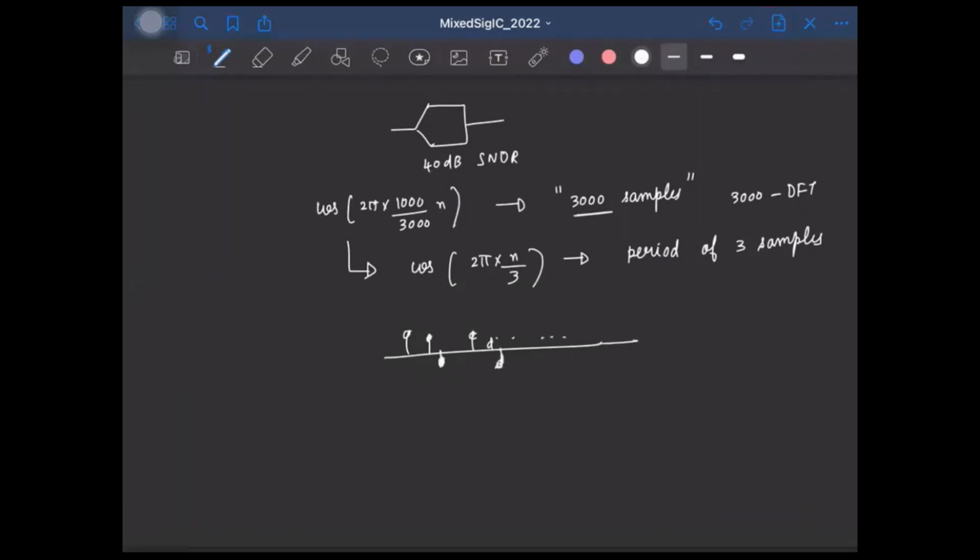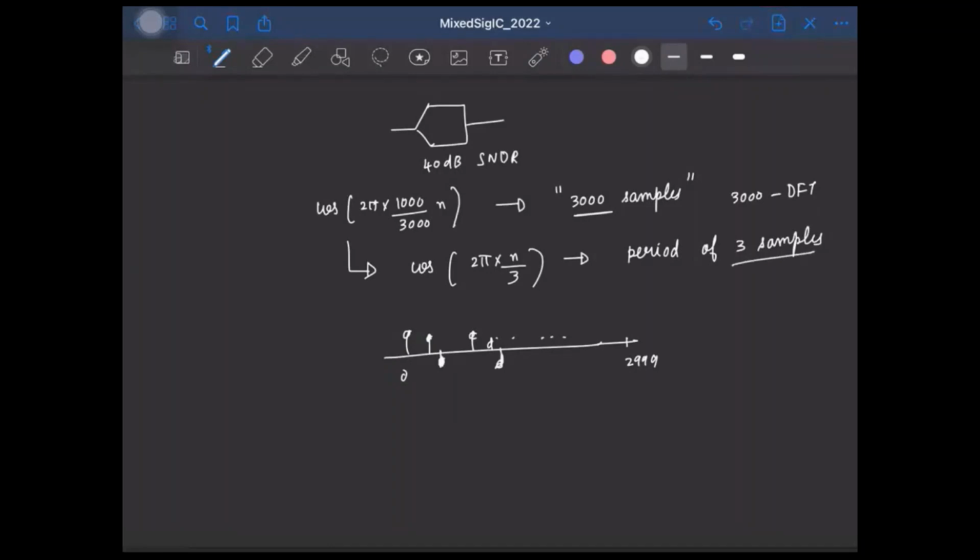And when you take the discrete Fourier transform, it assumes that we have the same chunk of signal. That is from, let's say I took 0 to 2999, 3000 samples. So the same thing will get repeated on either sides. Okay, so overall, it assumes that we are dealing with a signal that is periodic with a period of only 3 samples.